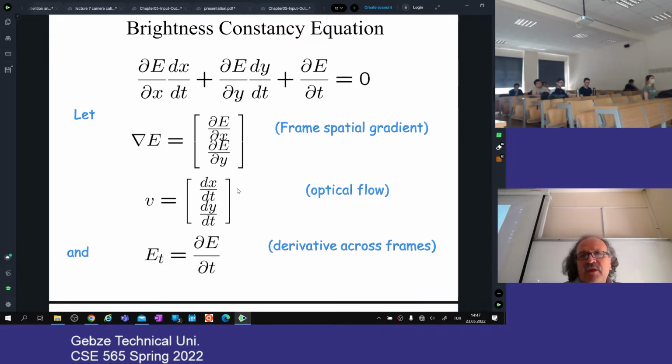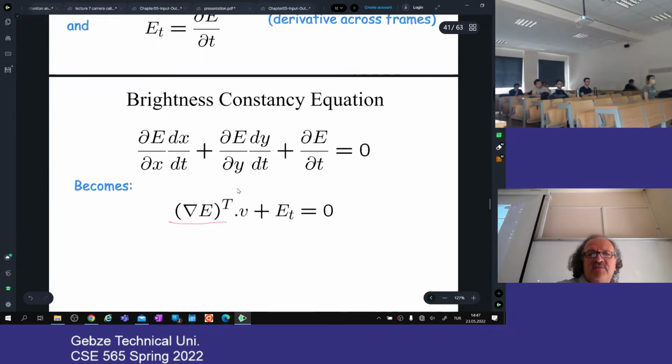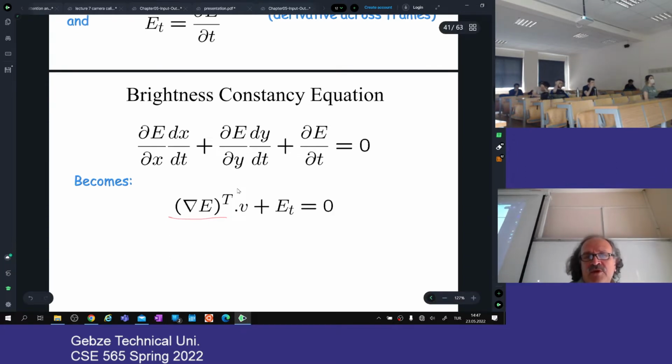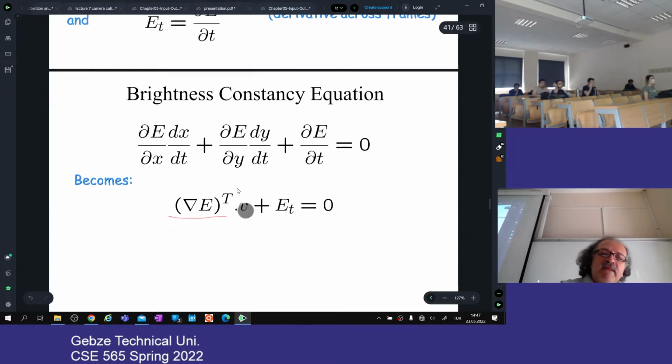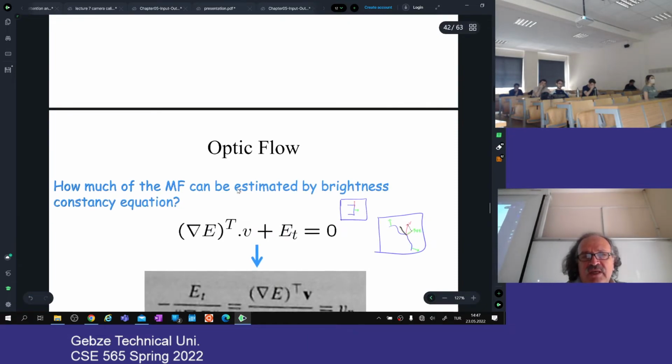If you multiply your velocity vector with the image gradient and add the time gradient of your image in the three-dimensional video sequence, you are going to get 0. You can get the exact value of V only if you are looking at the right image patch.